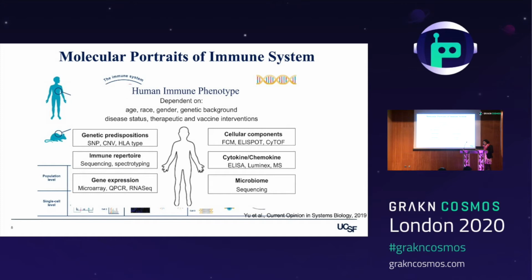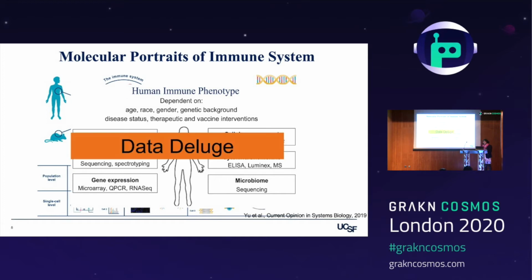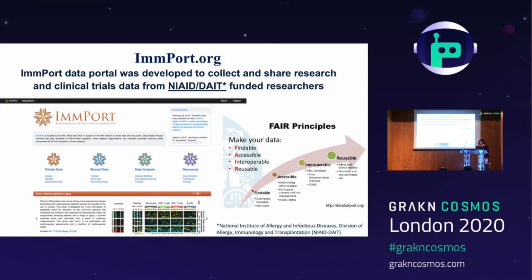So I'm more referring to systems immunology, where you look at the genetic predispositions, the immune repertoire using sequencing, gene expression, and then there are other techniques like ELISA, CyTOF for measuring the immune cell subsets, cytokines, and lately, I'm sure you have been hearing a lot about the microbiome. So from a single subject, you get all this information. So definitely there's a data deluge.